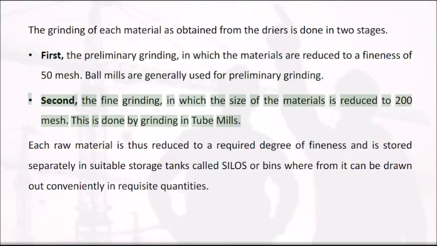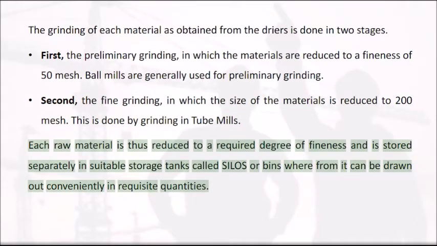Second, the fine grinding, in which the size of the materials is reduced to 200 mesh. This is done by grinding in tube mills. Each raw material is thus reduced to a required degree of fineness and is stored separately in suitable storage tanks called silos or bins where from it can be drawn out conveniently in requisite quantities.